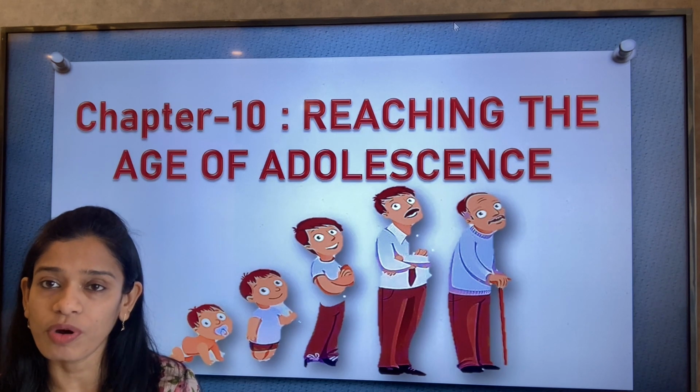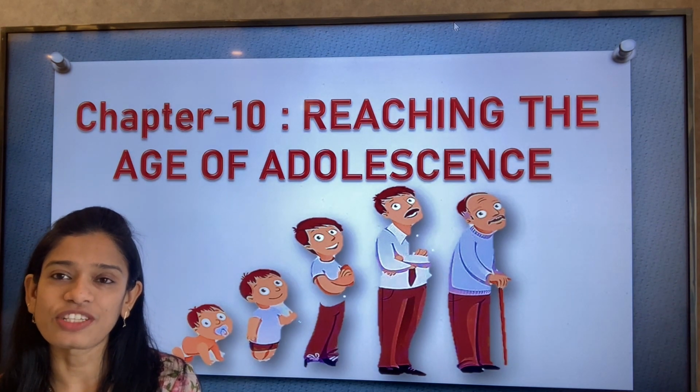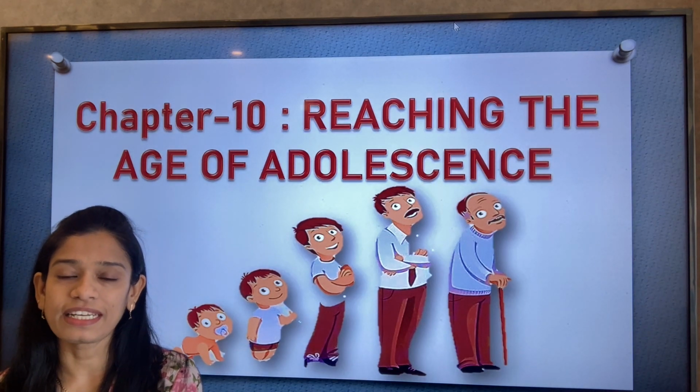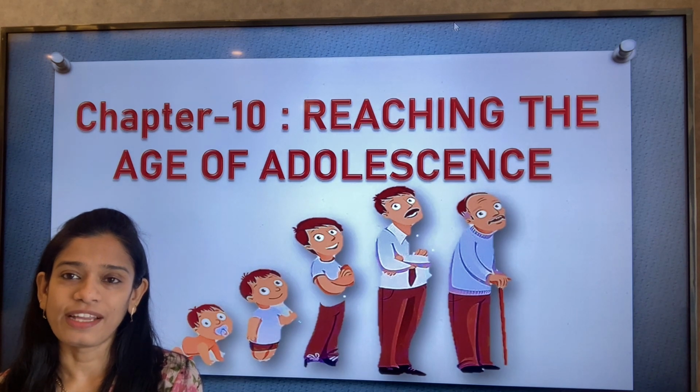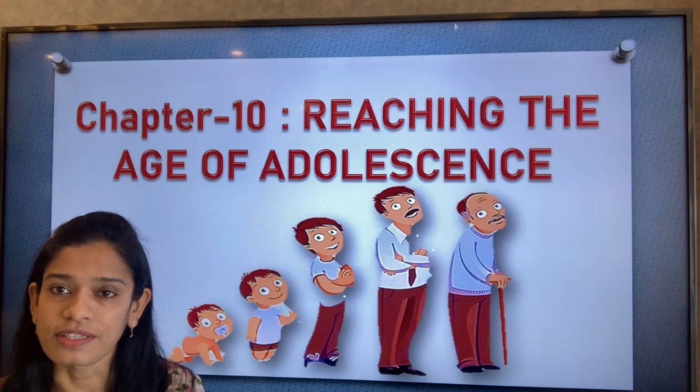We are going to learn about a new chapter, which is a very important chapter from our exams point of view. This is chapter number 10 from NCERT CBSE Biology Class 8, and today's chapter is Reaching the Age of Adolescence.